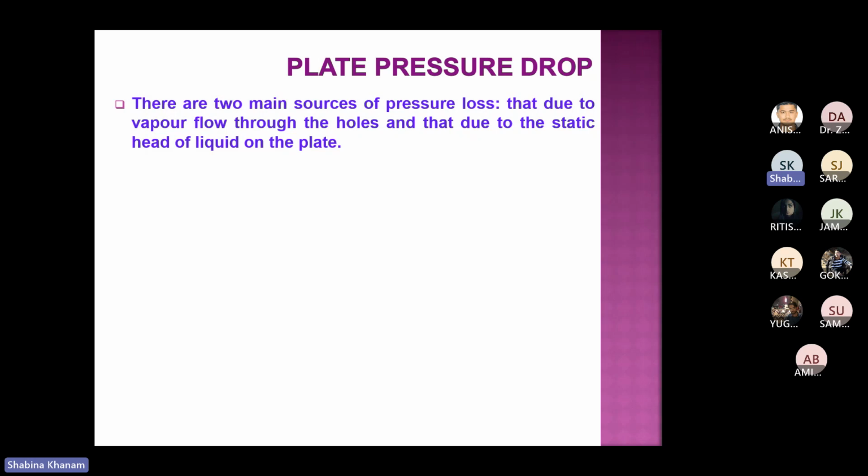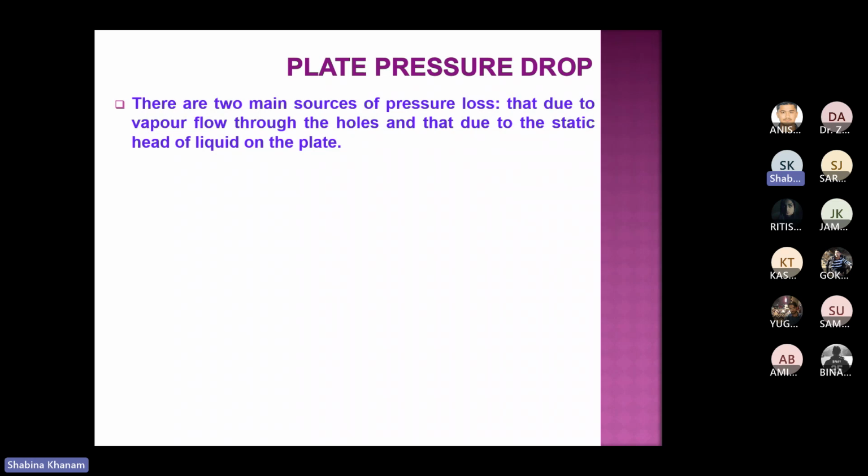There are two main sources of pressure drop. The first is vapor flow through the holes. When vapor flows through the holes, it creates a certain frictional loss because of the vapor flow rate. When we consider the vapor flow pressure drop, we do not consider the liquid, because we consider liquid in a different way.